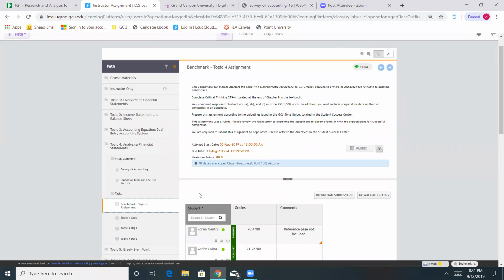You want to put Target's current assets are this, divided by current liabilities is this, equals current ratio of this, because I can give you partial credit that way. If you just put the current ratio is 0.75, I don't know how you got that. You might have had the current assets right, but not the current liabilities, and then I can give you partial credit if I knew that. So make sure to show your work.